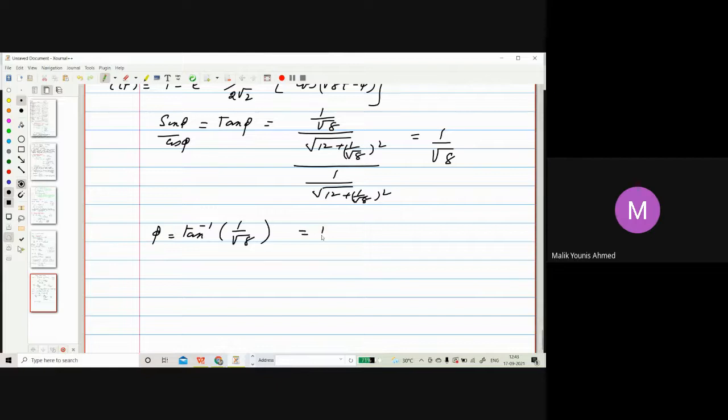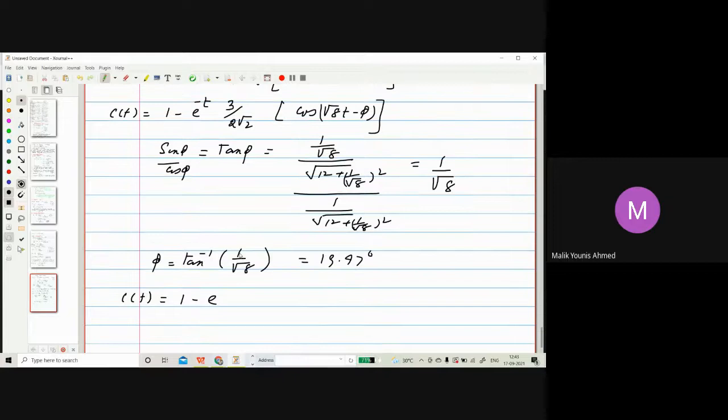If you calculate it in degrees, that will be 19.47. So your response finally will be c(t) equals 1 minus e raised to the power minus t, and that value, sorry, let me write the value first. That value is 1.06 e raised to the power minus t, and that is cos of (under root 8t minus 19.47 degrees). That's the response you are getting.